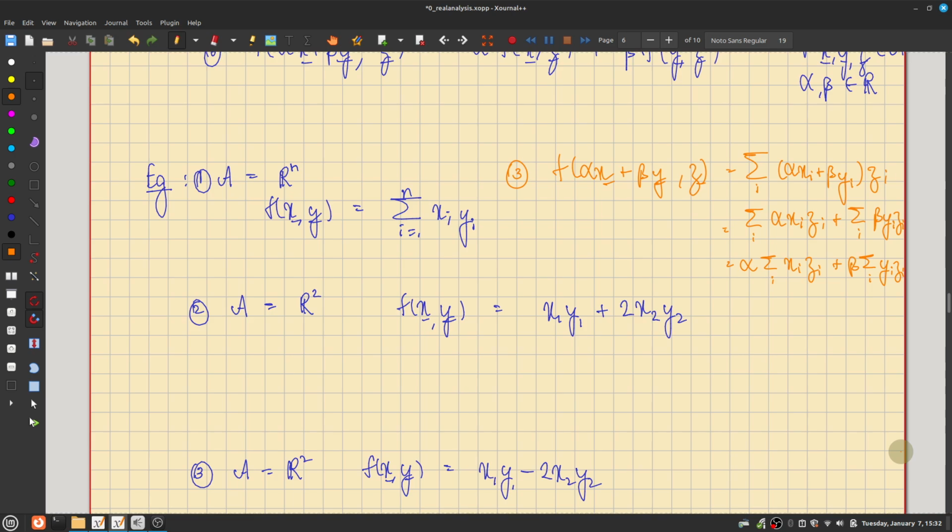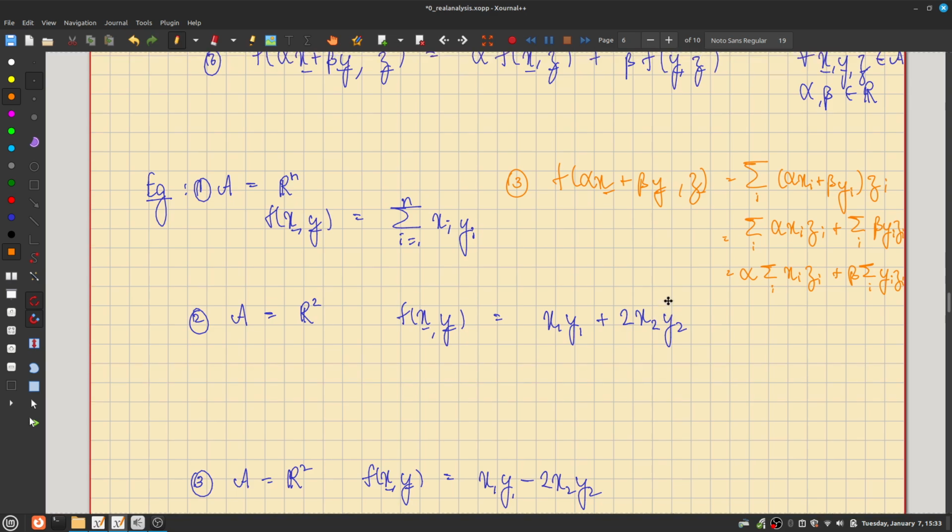So let's say A is R2, and let's look at the following function f of x comma y is x1 y1 plus 2 times x2 y2. It's not x1 y1 plus x2 y2, it is x1 y1 plus 2 times x2 y2. Is this an inner product?